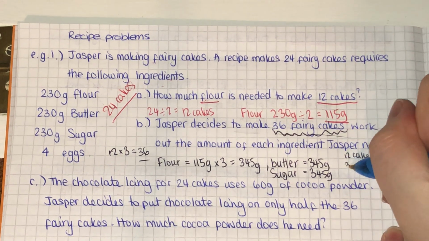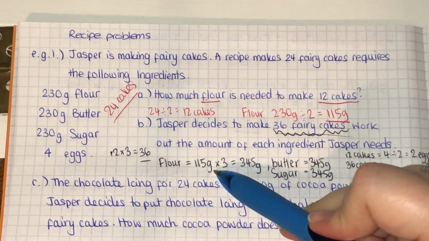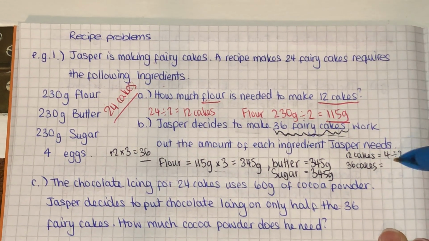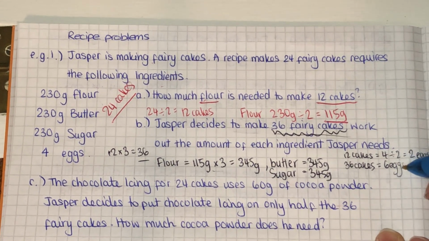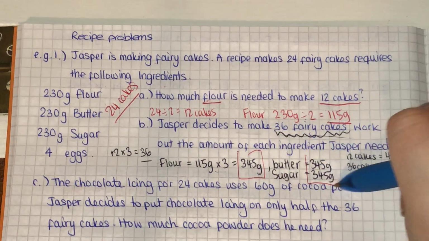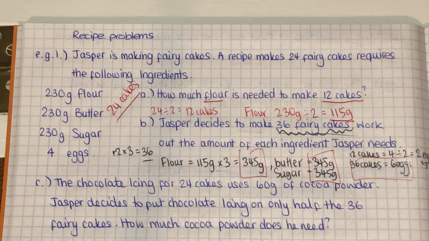But we want 36. Okay, and what we've been doing here, we've been multiplying by 3, which means we need to multiply the number of eggs by 3, which gives us 6 eggs. Okay, so we've got quite a few answers. We've got these answers, but also these 6 eggs.